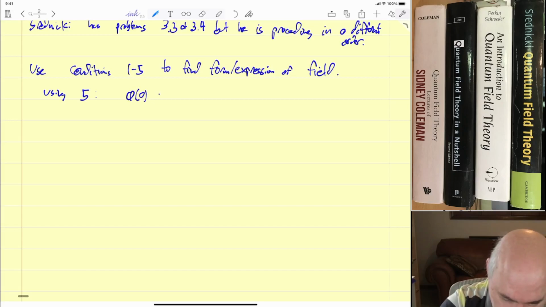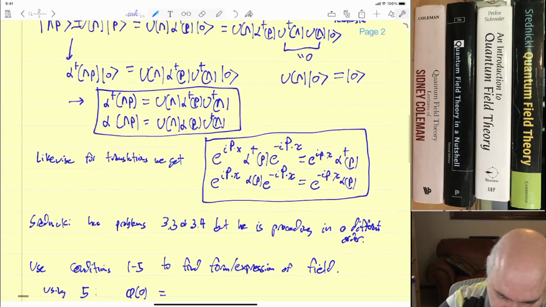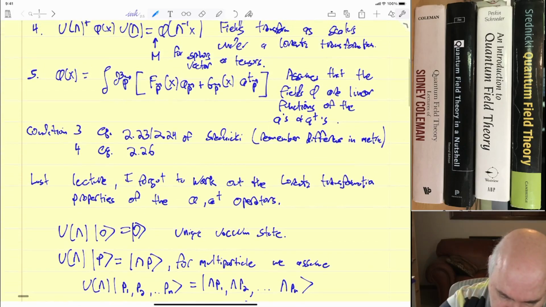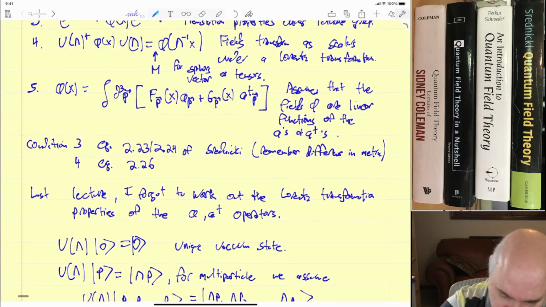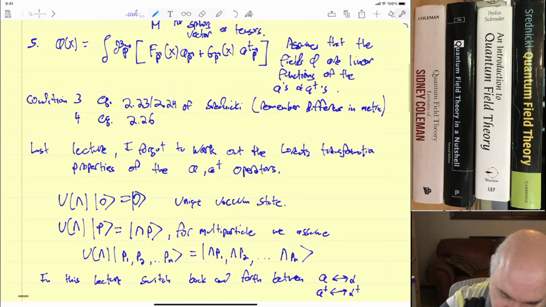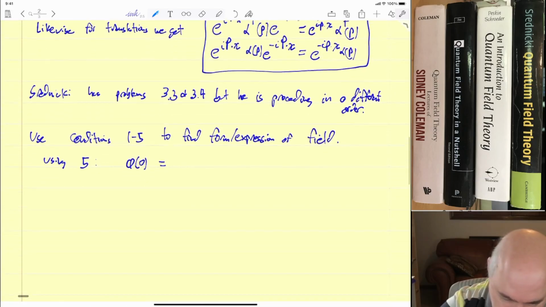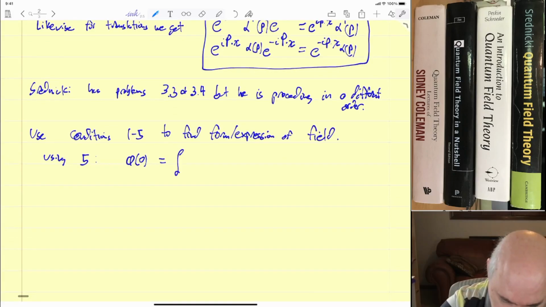phi of 0. Let's go back to condition 5. We'll use this, but now we're going to use a relativistic measure, so we're going to change these to scalar relativistic things and use the alphas instead. And again, this is the same. Now we're going to rename what we had before when we used the alphas.